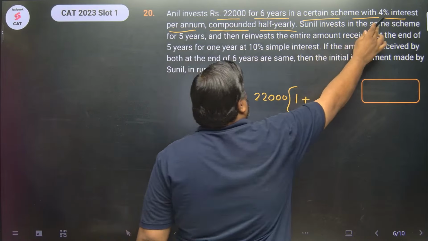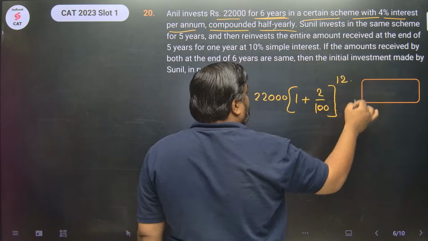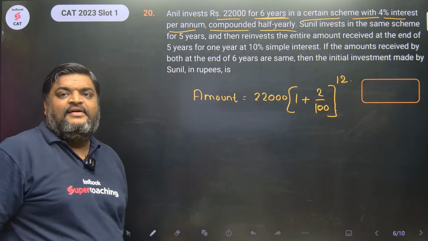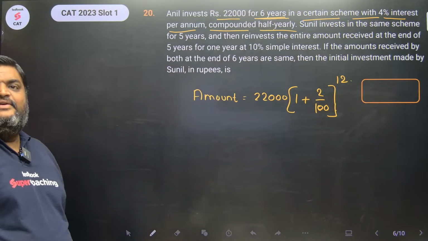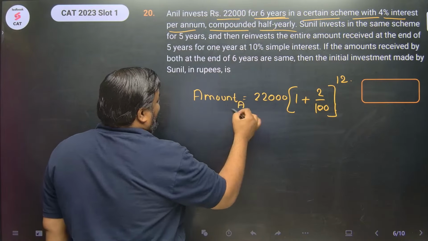The time is 6 years, but it is compounded half yearly, so we have to double the time, 12. This is the amount for Anil. This is the amount in the case of Anil.